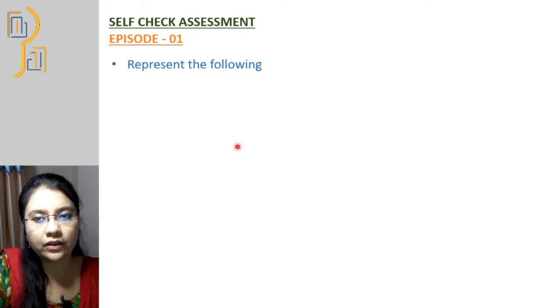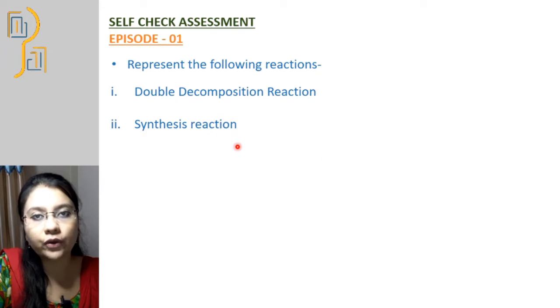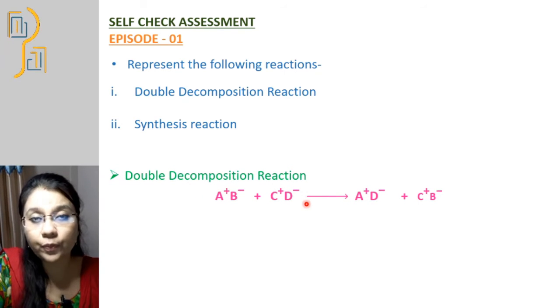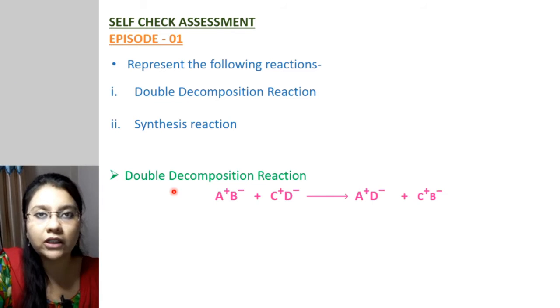The next question is, represent the following reactions: double decomposition reaction and synthesis reaction. Double decomposition reaction is represented by A+ B- plus C+ D- gives A+ D- plus C+ B-, which shows a complete exchange of radicals, which is the main characteristic of double decomposition reaction.